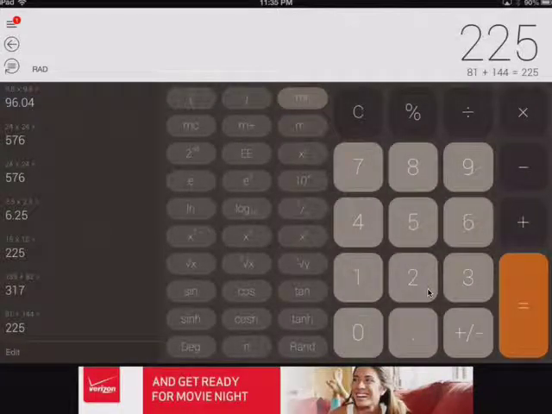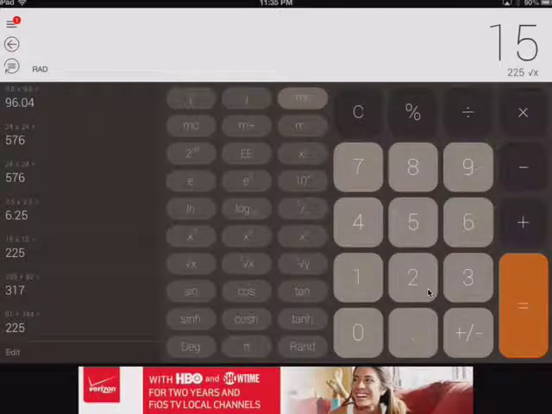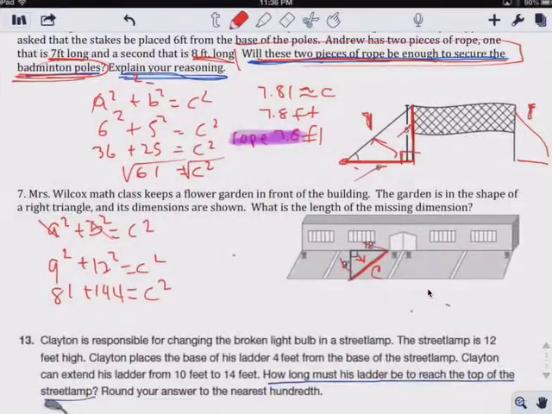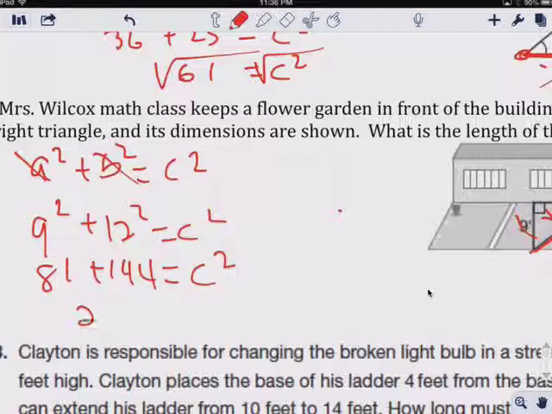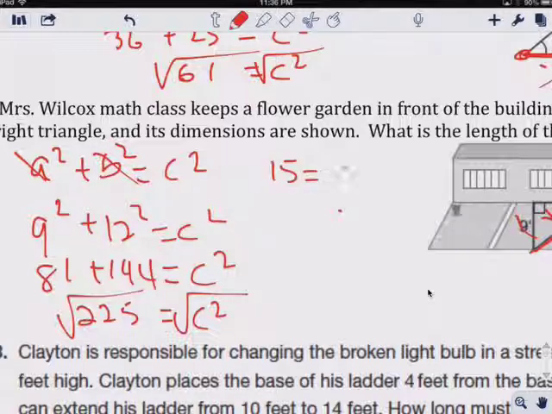Aha! 225, the square root of that is 15. So 225 equals C squared. Take the square root. The square root of 225 is 15, equals C.